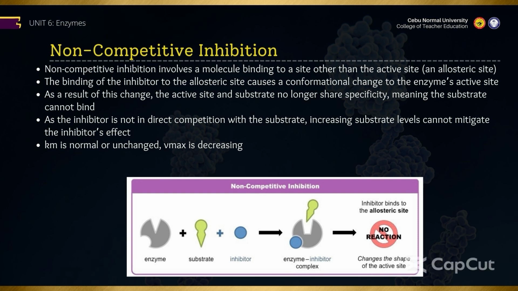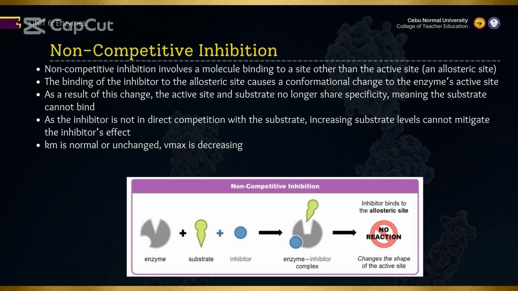The binding of the inhibitor to the allosteric site causes a conformational change to the enzyme's active site. As a result of this change, the active site and substrate no longer share specificity, meaning the substrate cannot bind. As the inhibitor is not in direct competition with the substrate, increasing substrate levels cannot mitigate the inhibitor's effect. So the Km is normal or unchanged while the Vmax is decreasing.